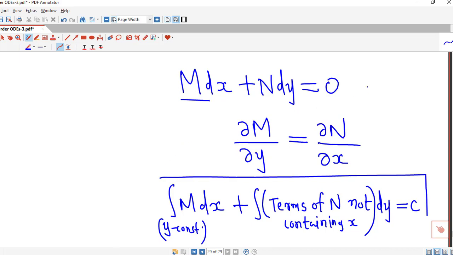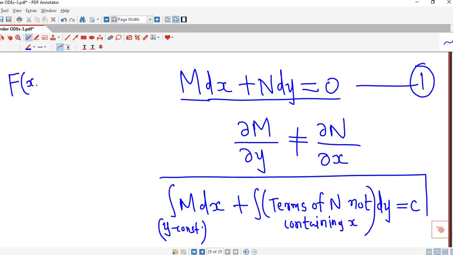Now suppose our differential equation 1 is not exact, then this condition will not be satisfied. So in this case, if we can find some function of x and y, say capital F of x,y, such that after multiplying this equation with this function F, the new equation becomes exact.